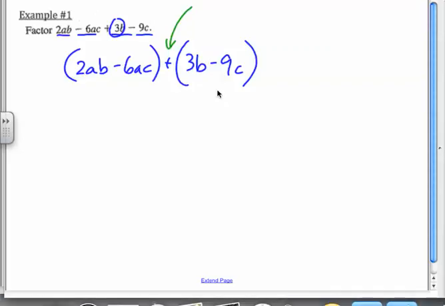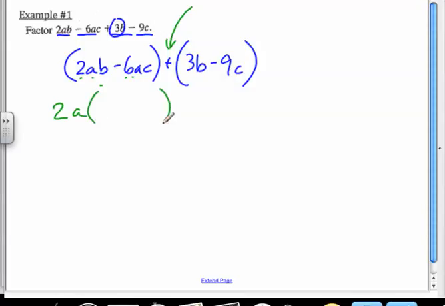Now that I've separated, the first thing I'm going to look for in each one of these is, is there something I can take out? Well, looking at this first one, I see that I can take out a 2 because a 2 goes into 2 and negative 6. And I can also take out an a because they both have an a. All right, but I think that's it.